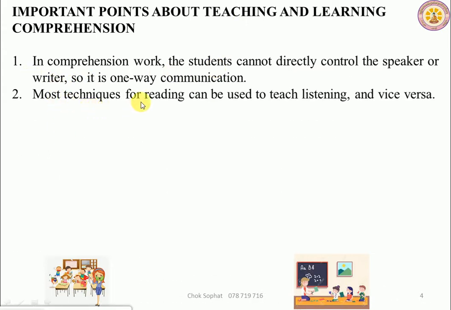Most techniques for reading can be used to teach listening and vice versa. So the techniques used for reading can also be used for teaching listening, and the techniques used for teaching listening can also be used for teaching reading. This is interconnected.